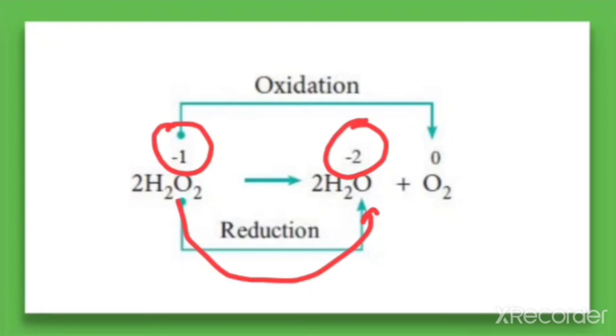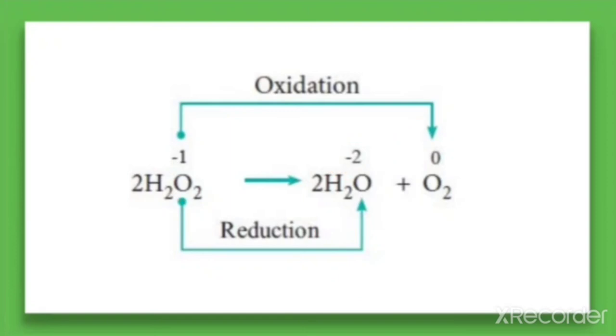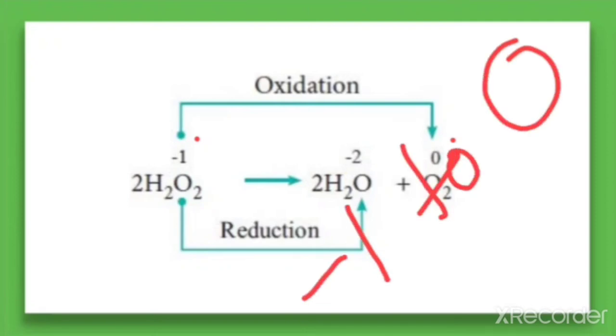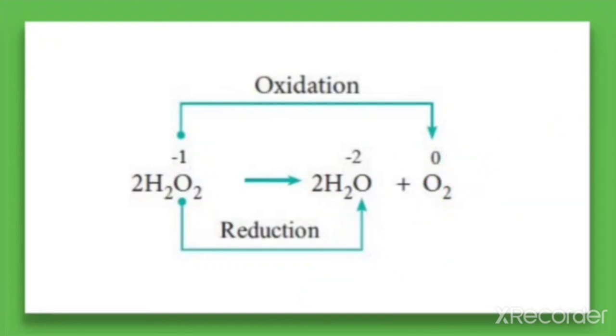The oxidation number is decreased, therefore it is called a reduction. But from -1 to 0, there is an increase in the oxidation number. -1 is the lower value and 0 is the higher value. So there is an increase in the oxidation number, which means we can say it is oxidation.